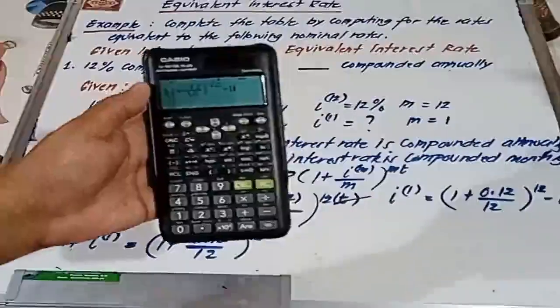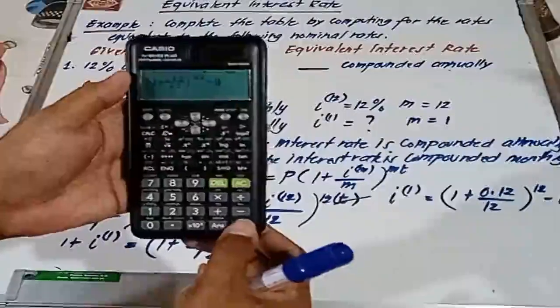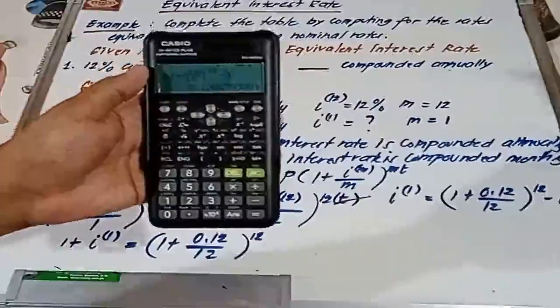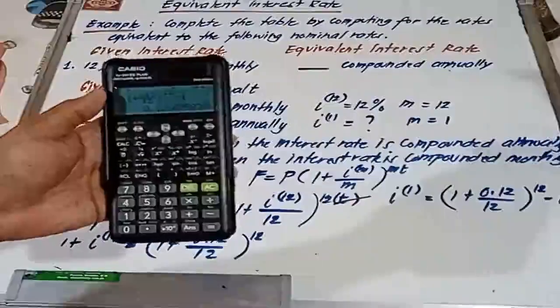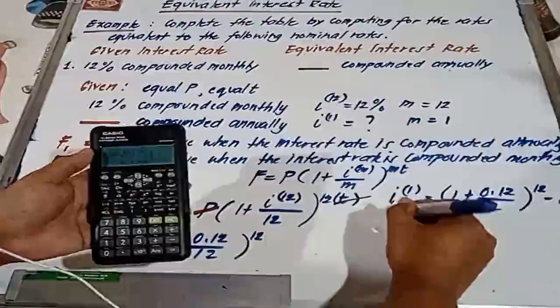So, ito na dapat ang madi-display sa inyong calculator. So, then press equal. So, we have 0.126825. So, kunin natin yung 6 decimal places.